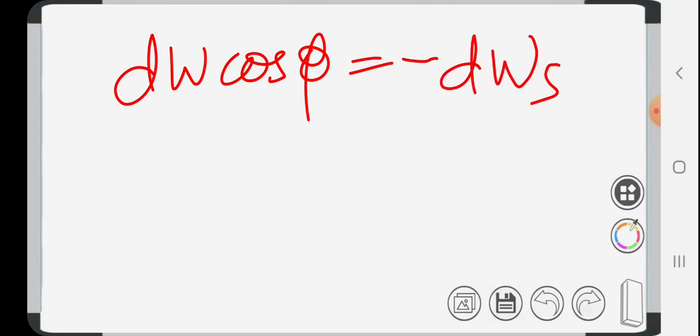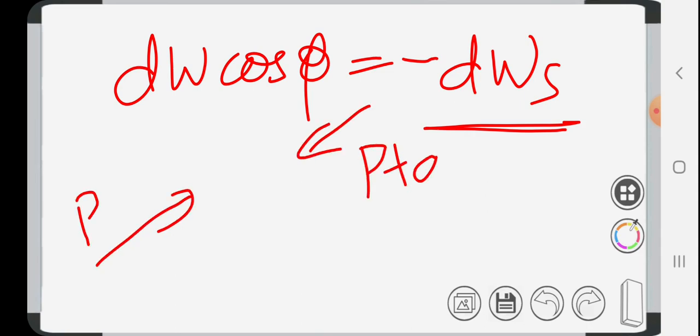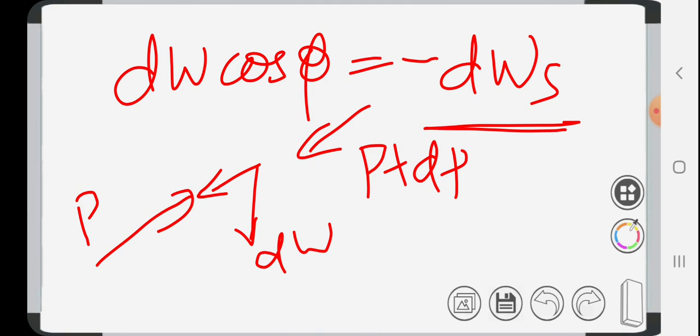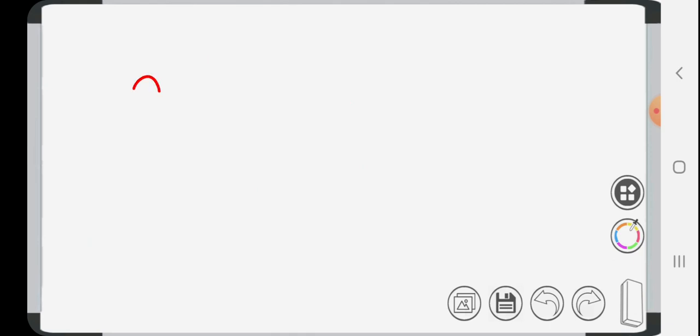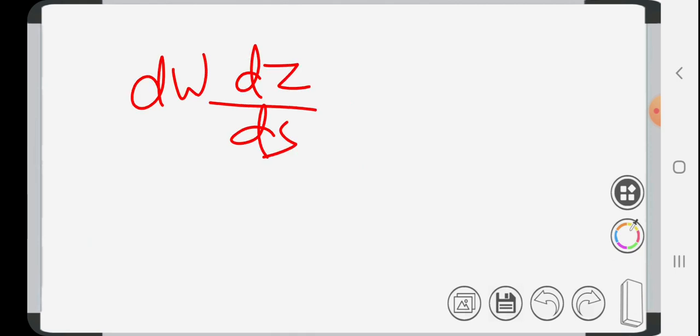Since P plus dP is in this direction, and dW is in this direction, dWs will be in the opposite direction of P, so we have to add a negative. So dW cos phi is nothing but dz by ds, right? dz by ds.